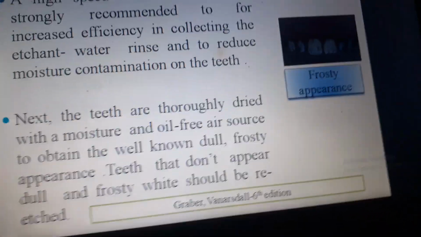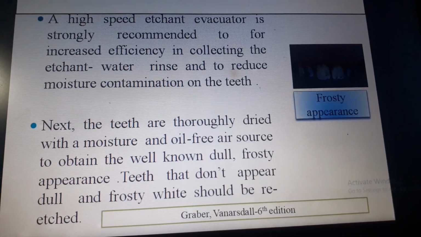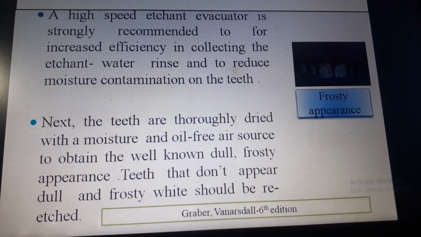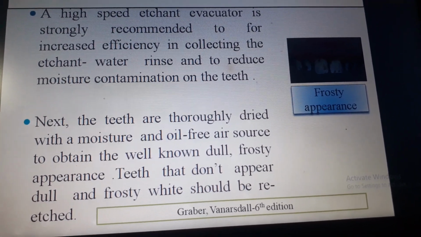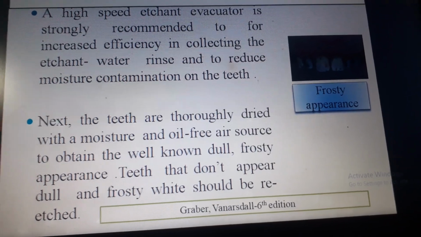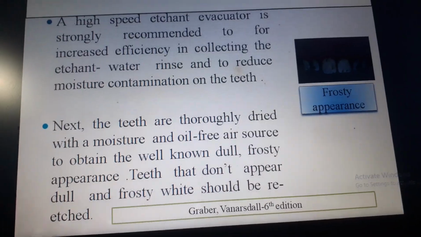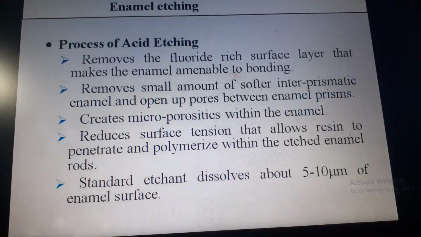And then after etching, how will you know that proper etching of the tooth has occurred? We will dry the tooth surface with the three-way syringe and see the frosty appearance. If the frosty appearance is not there, the tooth is not etched properly.